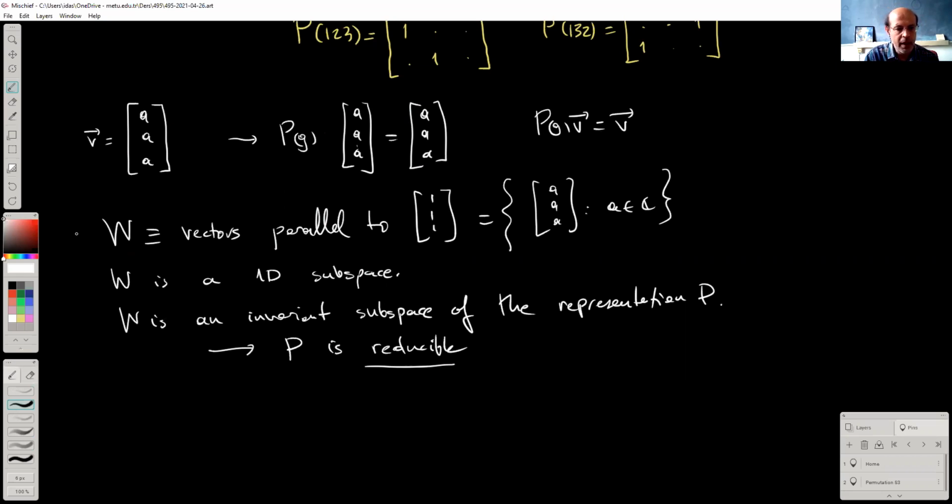I don't know if you have any questions with this. There's another one here, a vector space that we call W-perp. This is called the orthogonal complement of W. This is the mathematical terminology.